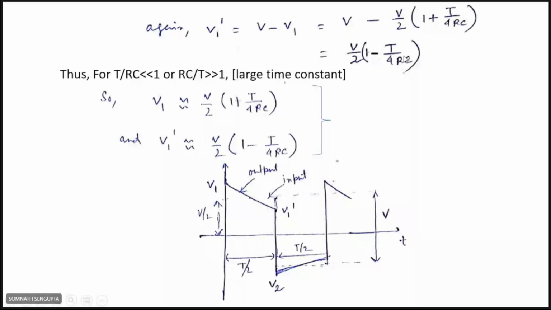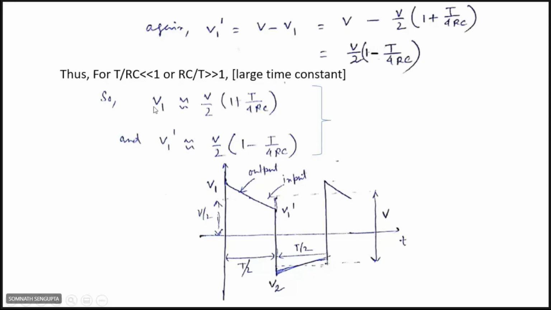So what we have calculated are this voltage level V1 and this voltage level V1 dash, that is the starting and ending values within half a cycle of the square wave.